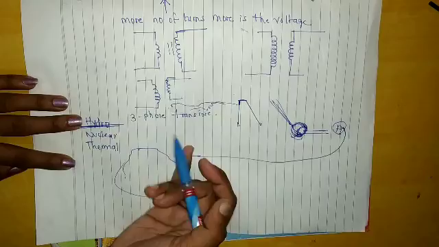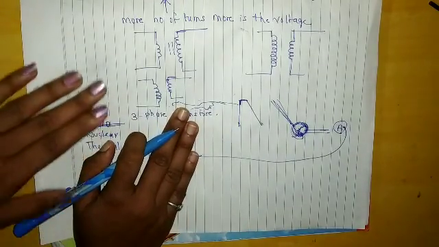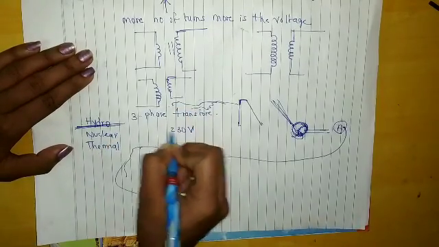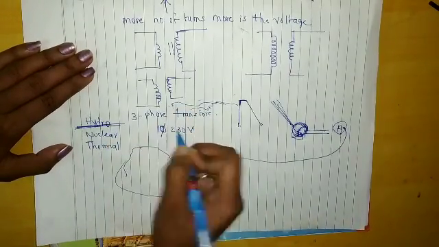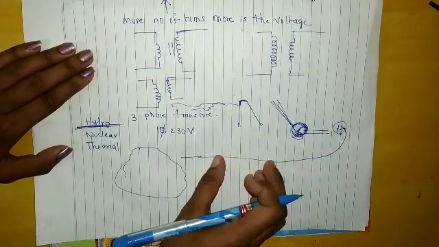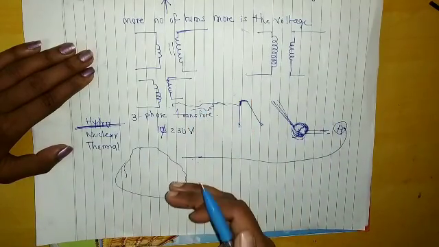electricity is done, and then to the consumer side, that means we consumers. In our home we get 230 volt single phase supply. Now we have to reduce this higher voltage to 230 volt, so we require a step down transformer.